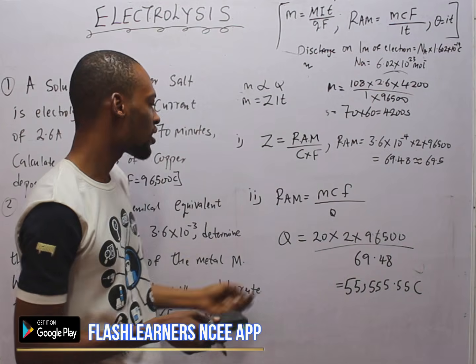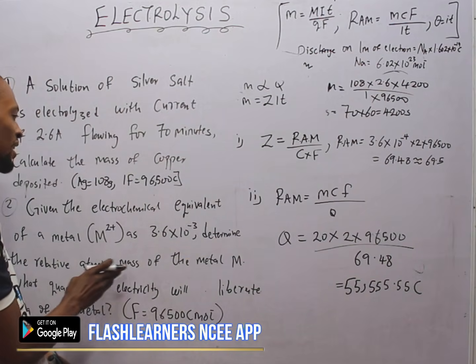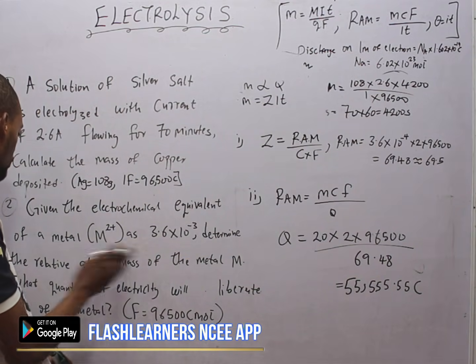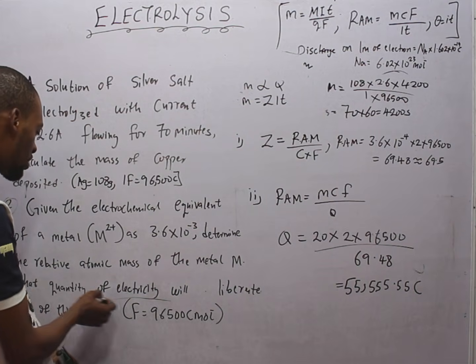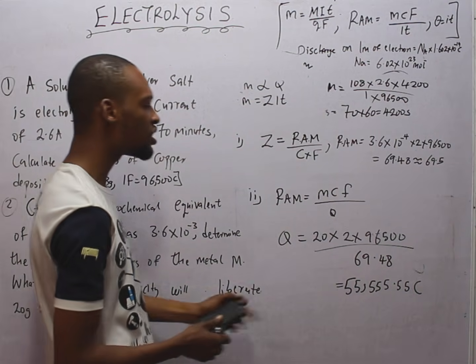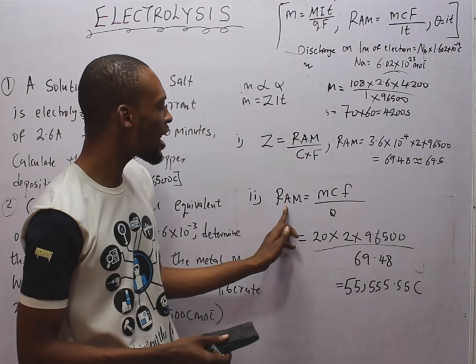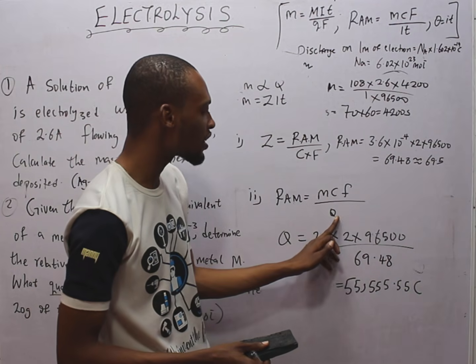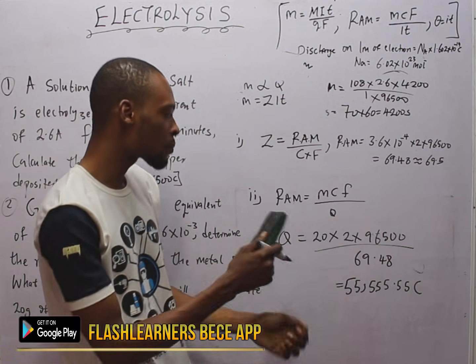The second one says, find the quantity of electricity. So the quantity of electricity is Q. And from ROAM is equal to MCF over Q, where Q is equal to IT.